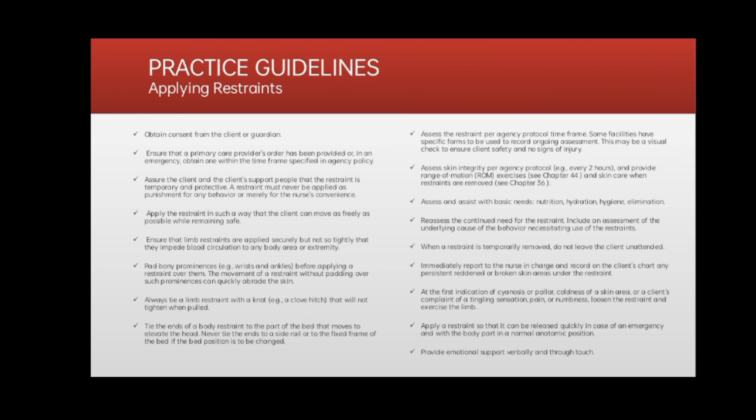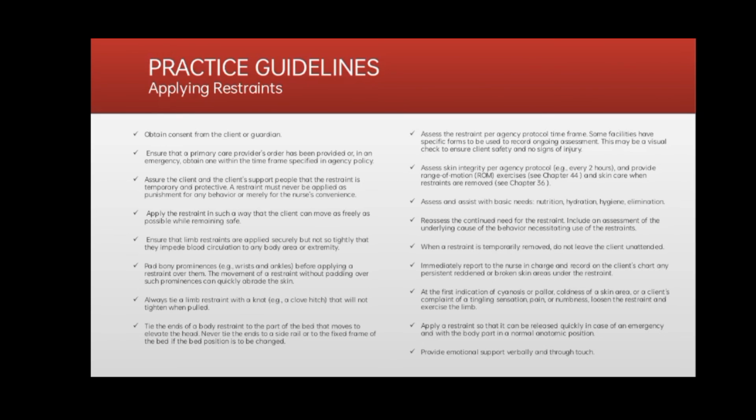Ensure that limb restraints are applied securely but not so tightly that they impede blood circulation for any body area or extremity. Pad bony prominences before applying a restraint over them. Of course, when a restraint is temporarily removed, do not leave the client unattended.